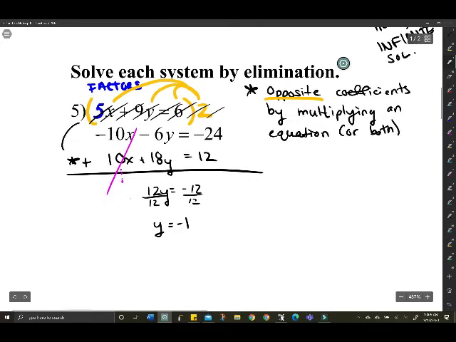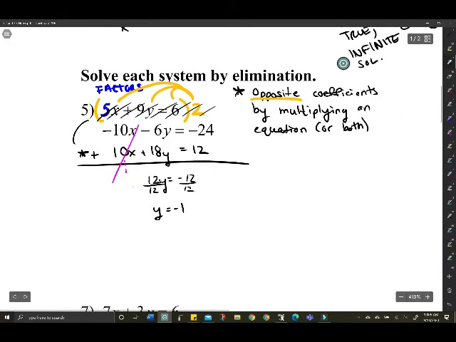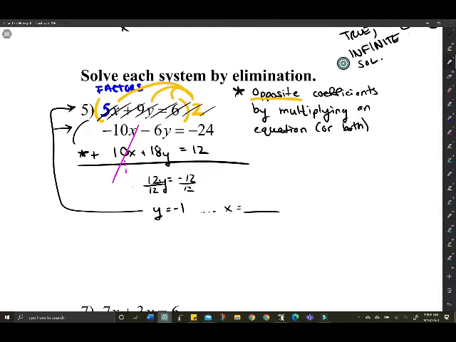Now, just like before, we still need to solve for x. You can solve for that by substituting back into either one of the original equations. You can certainly choose the first one, so that's why I didn't want to cross it out too much.